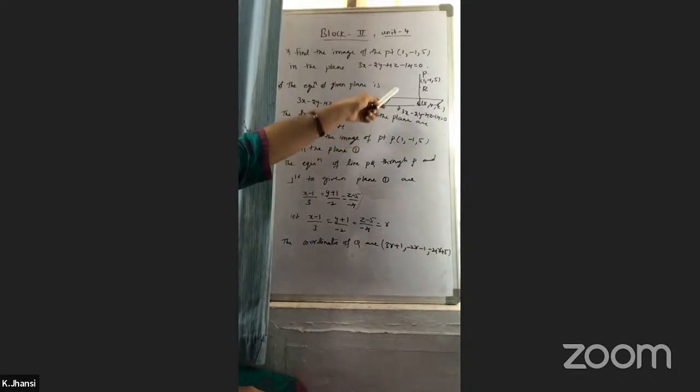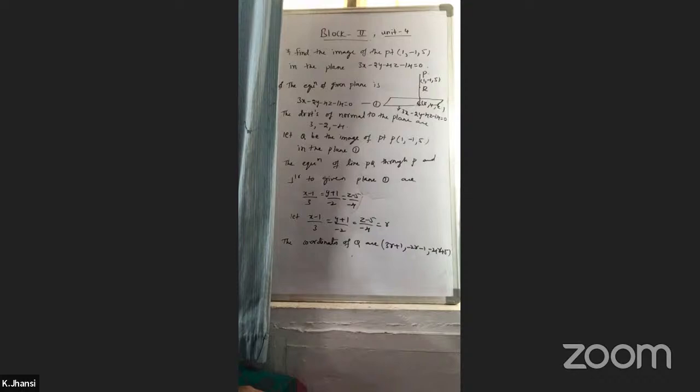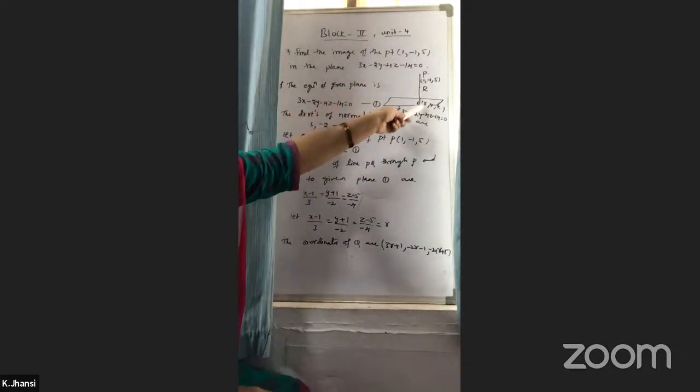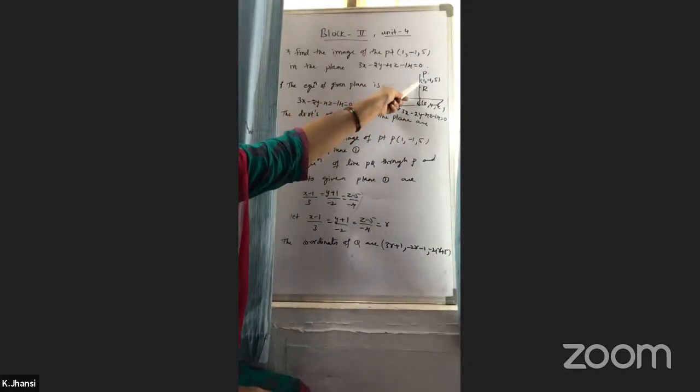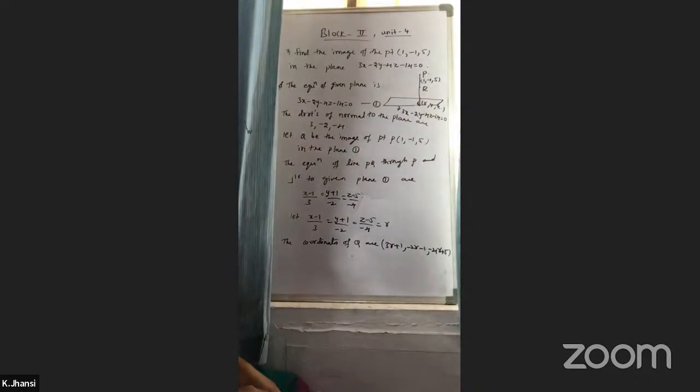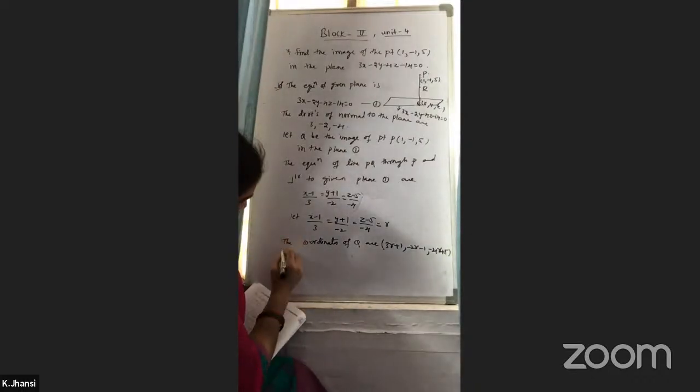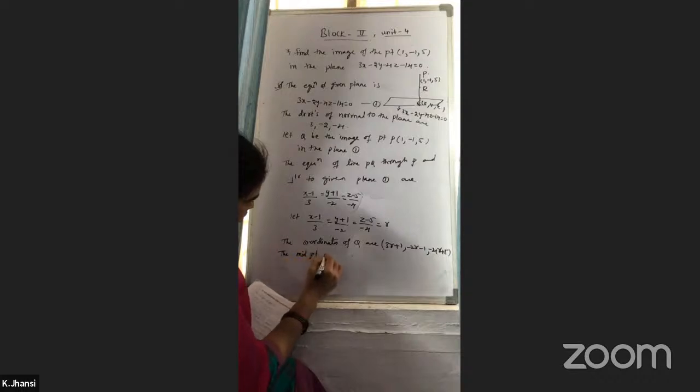So R is the midpoint. Midpoint formula is (x1 plus x2) by 2, (y1 plus y2) by 2, (z1 plus z2) by 2. So we know this and this, so R value will be this value and this value divided by 2. So the midpoint of PQ is equal to R.